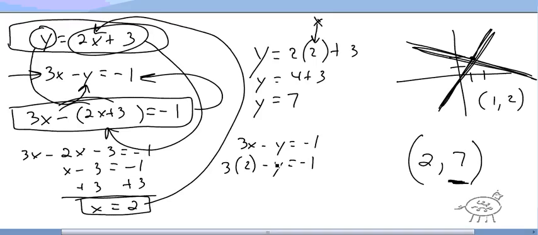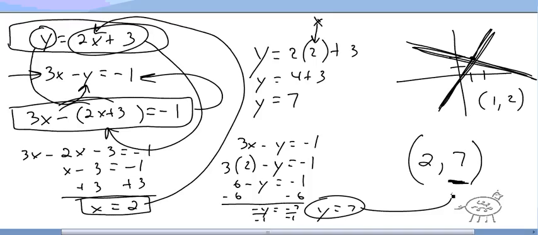I plugged it back in. If I solve for y, first of all I get 6 minus y equals -1. Subtract 6 from both sides. So -y equals -7. Divide by -1. y equals 7. So I really got the same answer.